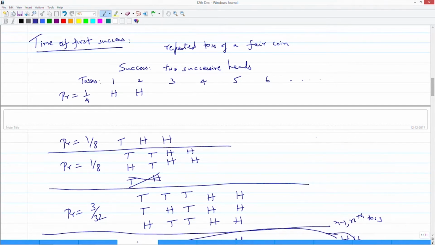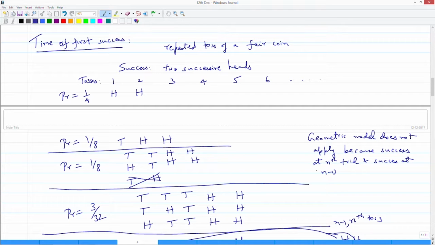Why does it not apply? Because success at the nth trial and success at the n minus 1th trial are dependent.